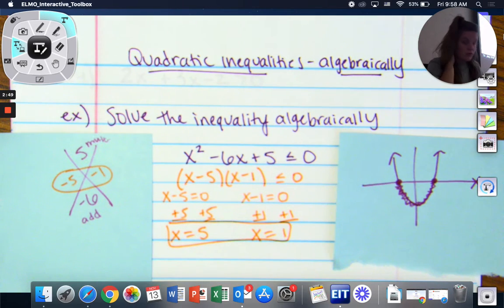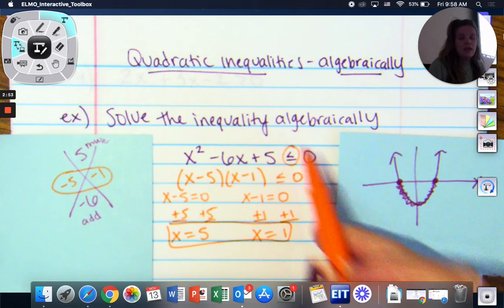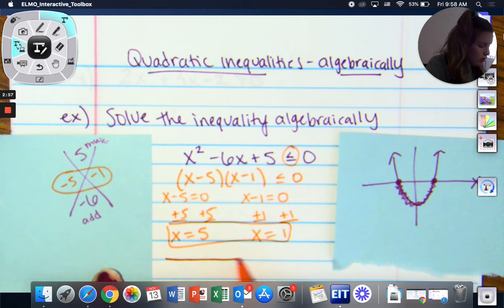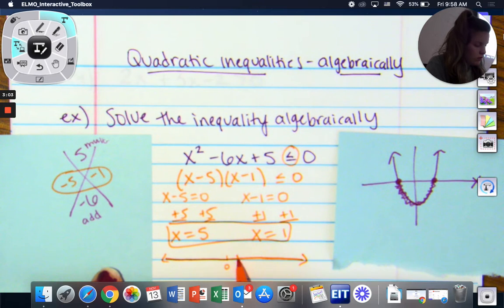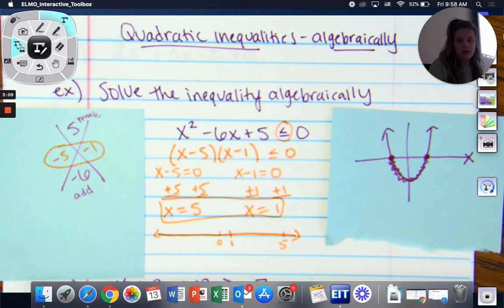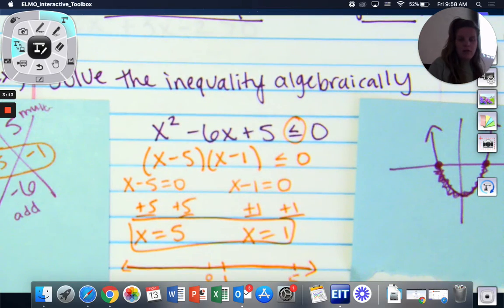Now the difference between an equation and an inequality is we have a number line. We have something to shade. So I'm going to create my number line and put my points. You always use 0 as a reference, so 1 here, and then 5 here. What you're going to do is pick test points that fall on your number line.